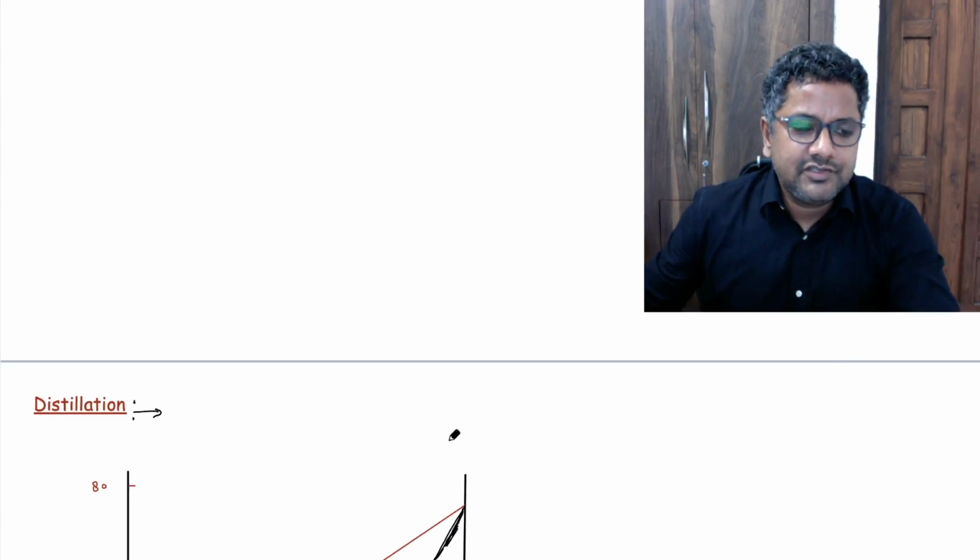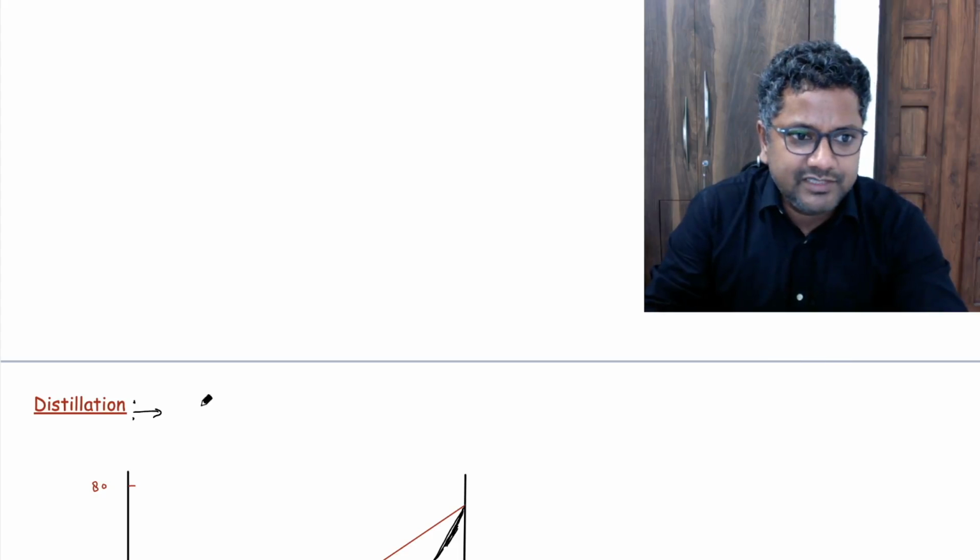So in the distillation, I am taking one example of benzene and toluene mixture.